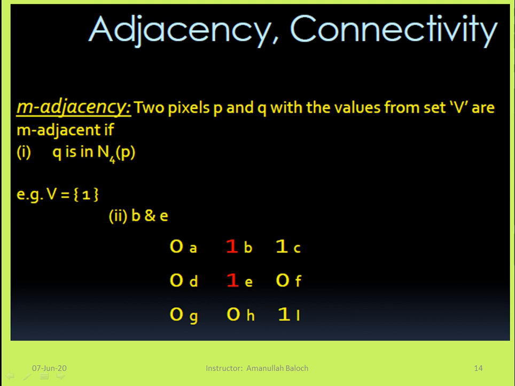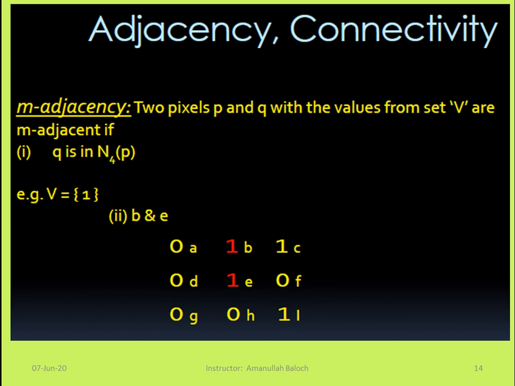If this is P and this is Q, Q lies at N4 of P, and the gray value of Q belongs to set B. It means B and E are M adjacent, because this Q is the N4 neighbor of P and also the gray value of this Q belongs to B. So it is M adjacent.